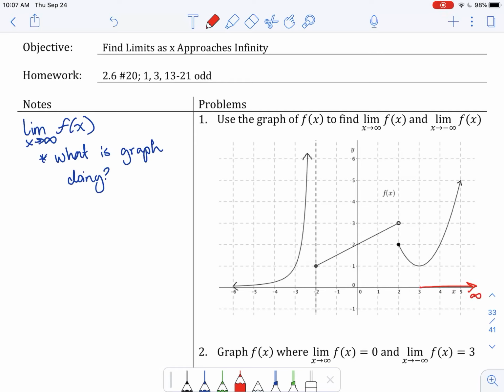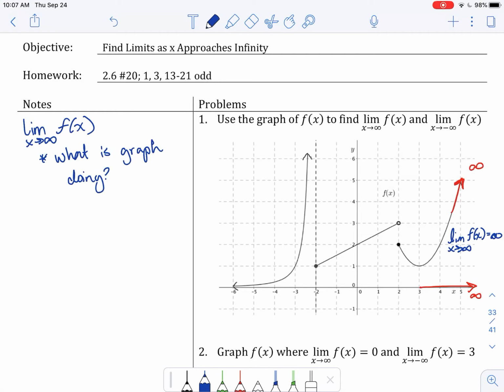This is going towards infinity. So for the graph, I'm looking at just this part here as it keeps going. I can see that this graph is pointing upward, so it's going to keep going towards infinity this direction. So if I'm looking at this example, that means the limit as it goes towards positive infinity is going to equal infinity.